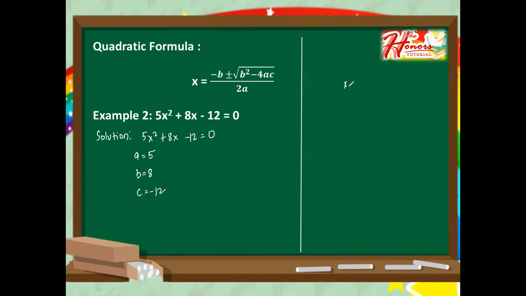So now we will be having x equals negative b, so that's 8, positive negative square root of b squared, and that is 8 squared minus 4ac.